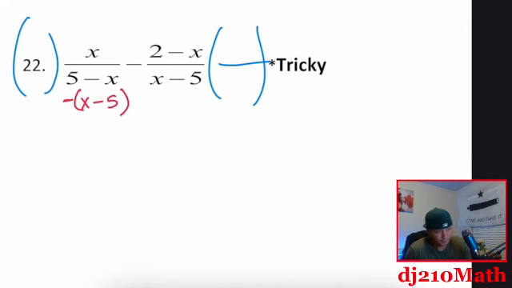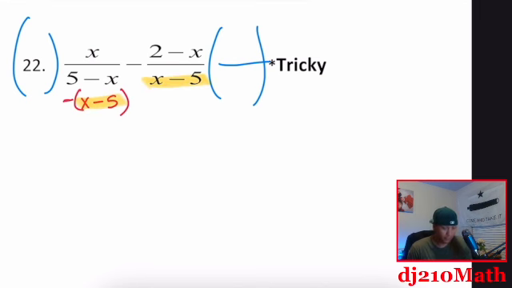I don't know if it's a trick, but if you notice a binomial and all you want to do is switch the terms, 5 and x need to switch places, all you're going to do is factor out a negative. So now we notice x minus 5, x minus 5.